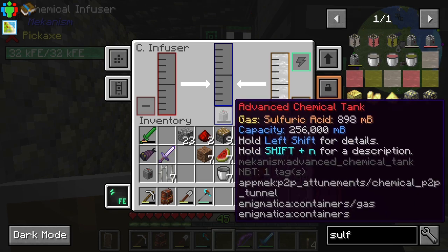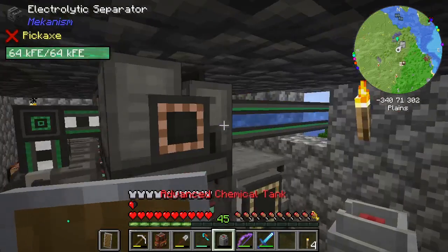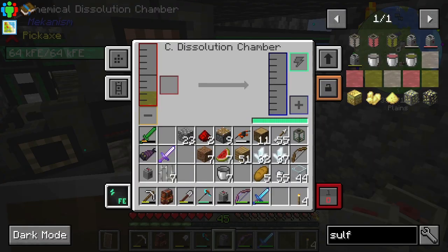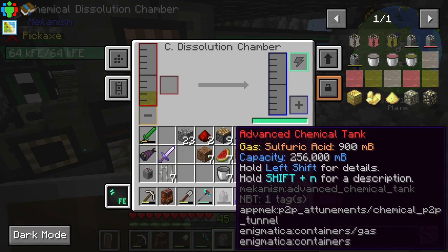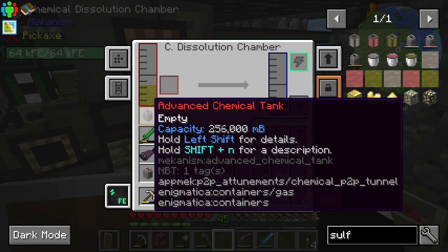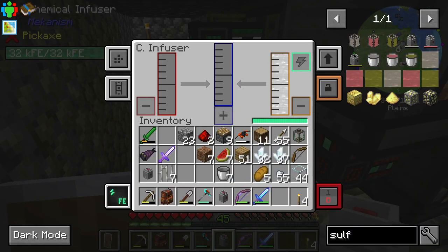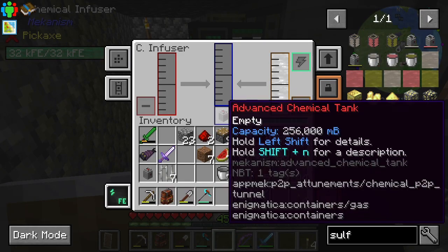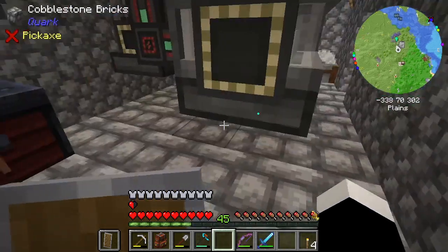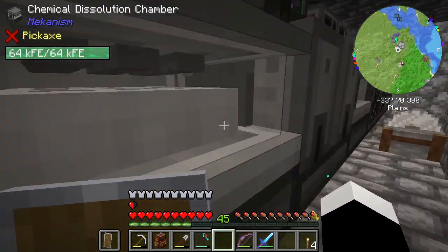Let me just wait until this stops. There we go. Put that in, and might as well make some more sulfuric acid, just in case.